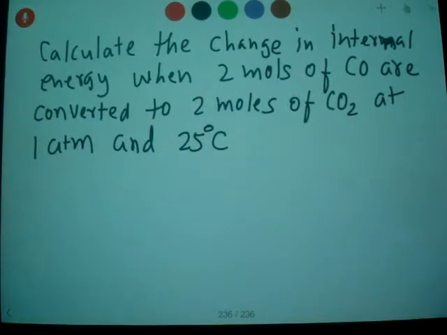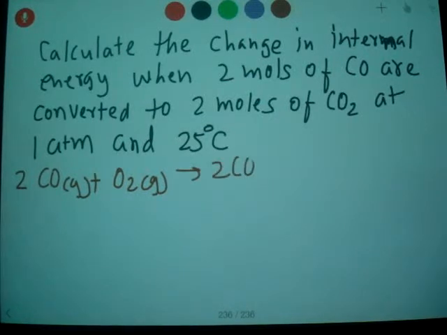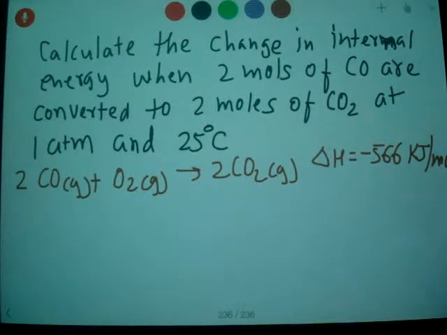Now this equation is given: 2CO gas plus O2 gas gives 2CO2 gas, and delta H equals negative 566 kilojoules per mole. This equation is given. Okay?